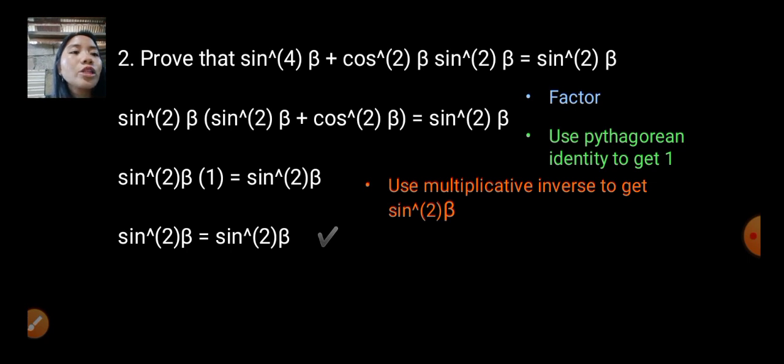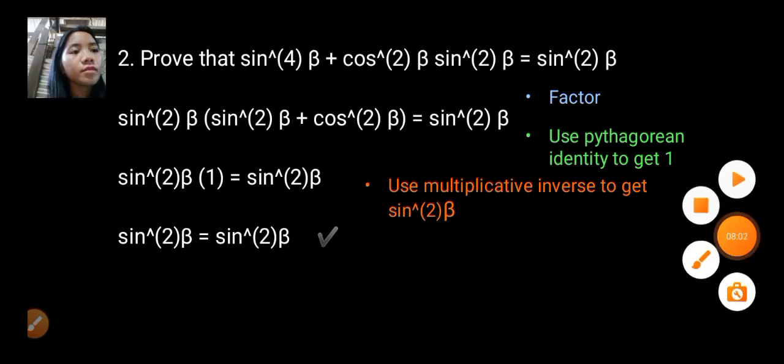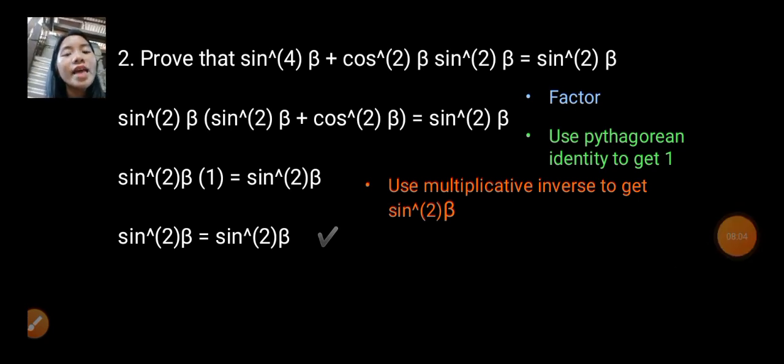So we will use the Pythagorean identity to get 1. Copy the sine squared beta, then sine squared beta plus cos squared beta is equal to 1. Copy the sine squared beta on the right side.